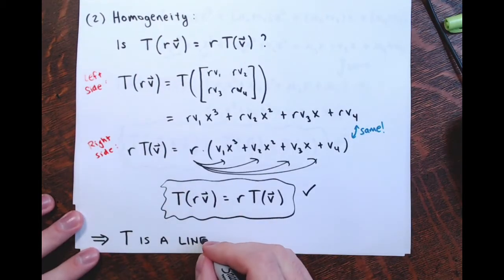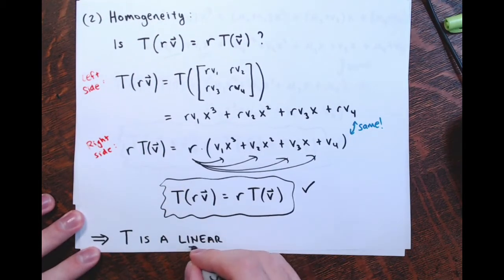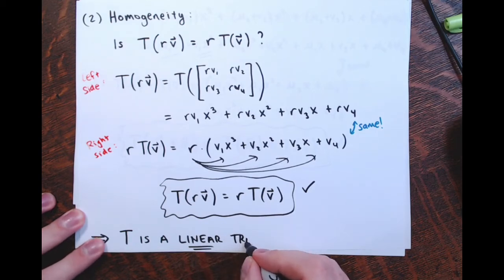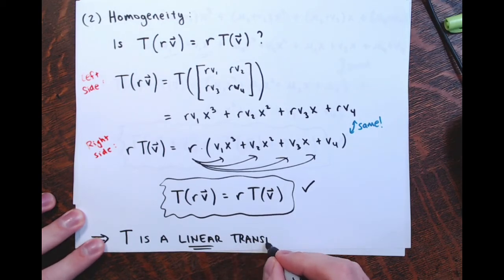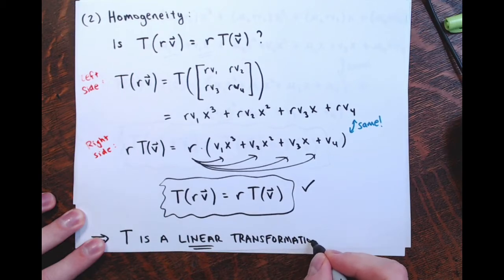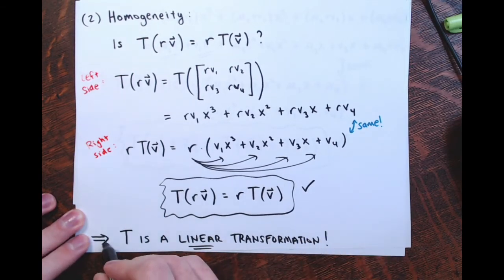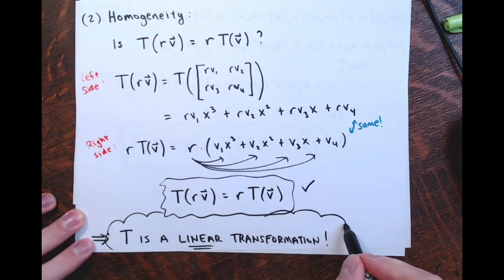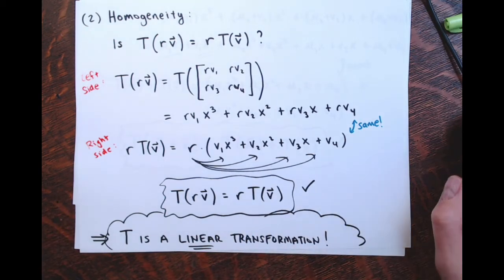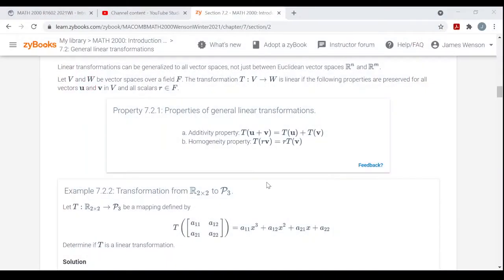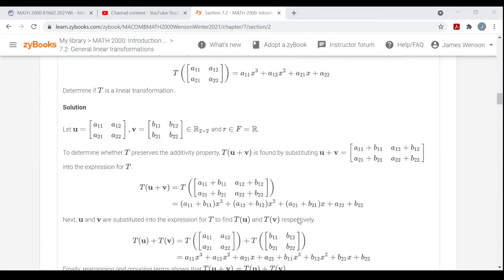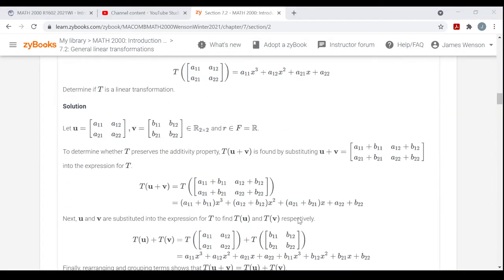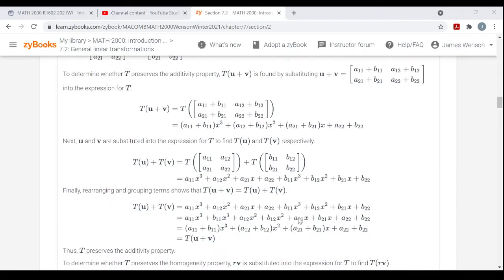I'll just write T as a linear transformation. And they go through that here in the example, when they show the solution. They use different letters than I do, but it's the same setup.